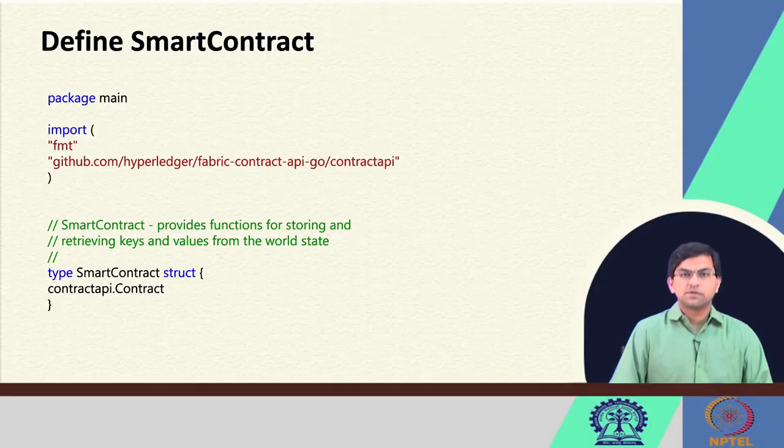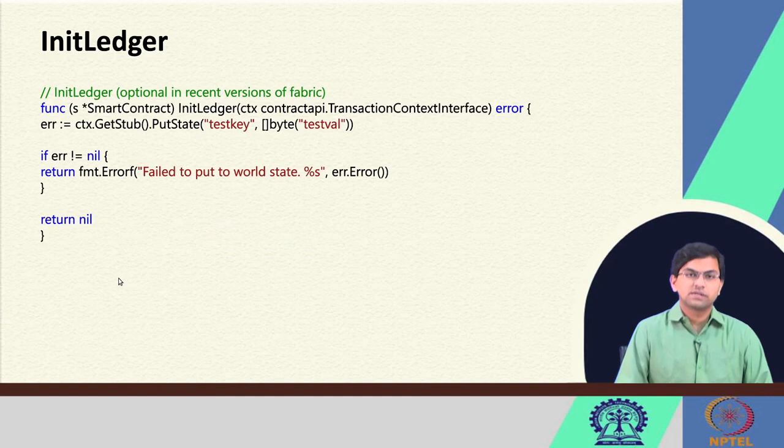So, we saw how we can write a very simple smart contract which only saves a key value pair into the ledger. You can actually design any kind of smart contract by using only those get state and put state primitives. We started by defining a smart contract type here, and then we saw how we can define an init ledger function. In the recent versions of Hyperledger Fabric, you can also skip this init ledger function, and it is not mandatory.